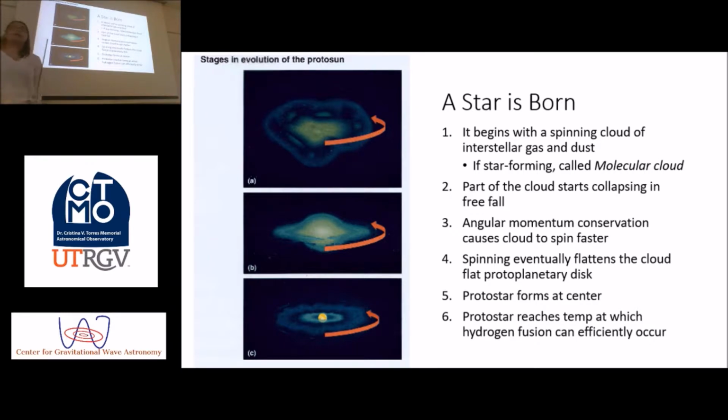And so now we have this protoplanetary disk that's forming. The protostar will continue to form at the center of this disk. And then eventually, the protostar will reach a density and temperature that allows hydrogen fusion or nuclear fusion to efficiently occur. And so at that point, the star has formed at the center of this protoplanetary disk.